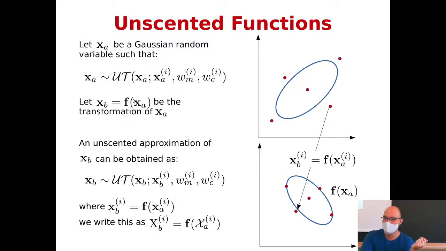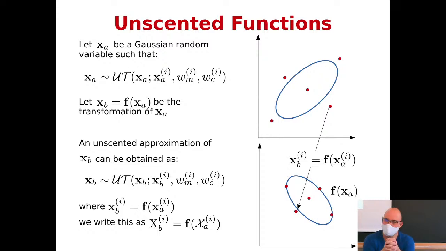Now, if I consider xa as a random variable, then also this one will become a random variable. And how can I calculate, basically, the parameters of this new random variable? Well, assuming, as always, hammering in the hypothesis that if I am in an unscented world, I stay in an unscented world.